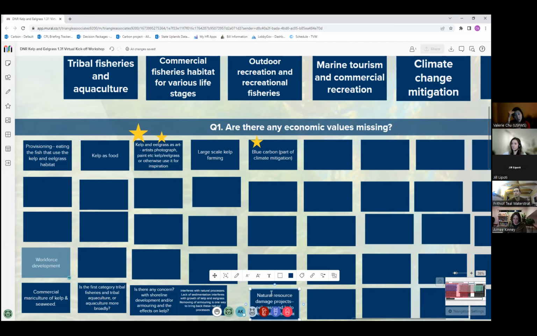And of course, where we get the most valuation in economic value is if it's fully functional. And that's where we get our money from the potentially responsible parties. So I just wonder, of course, a lot of us are research scientists. What can we do better for eelgrass and kelp restoration?